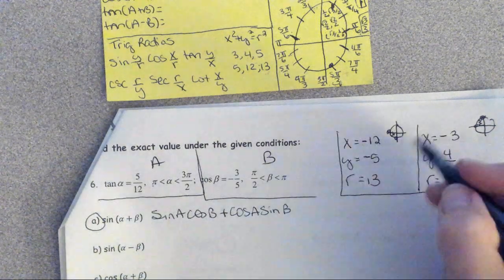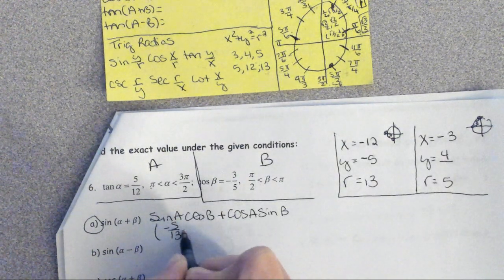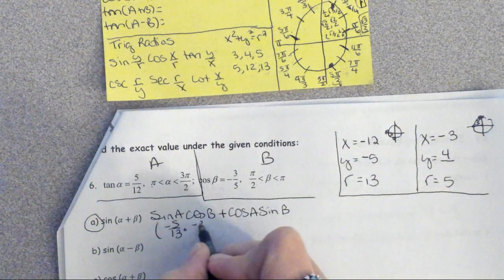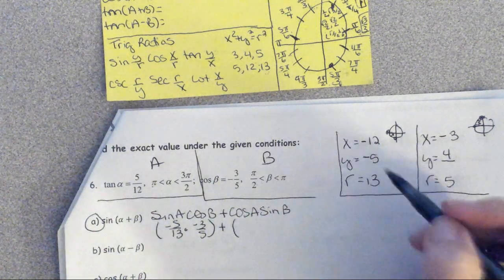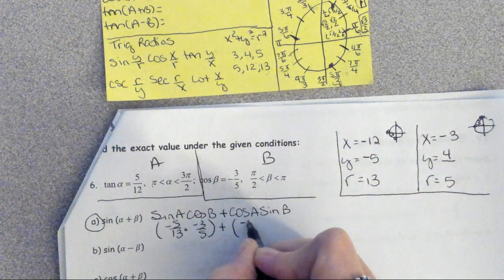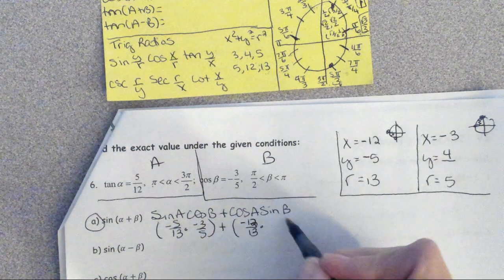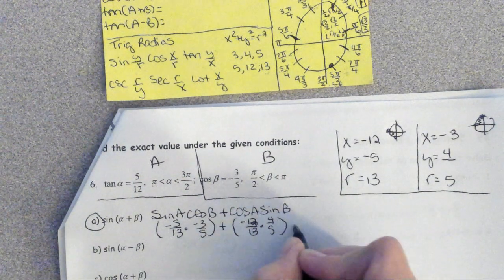Okay, so it says sine A, so I come over to the A side and I grab my sine, negative 5 over 13 times cosine B, negative 3 over 5. Okay, that part's done. Bring down my plus sign. Cosine A, so I come here to the A side and I grab my cosine, negative 12 over 13 times sine B, so I go to the B side and grab my sine, 4 over 5.